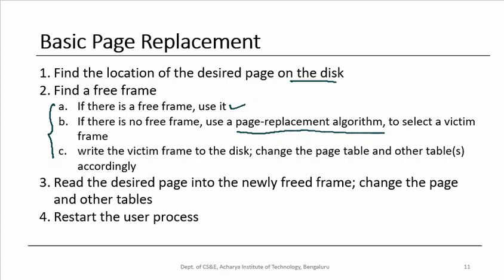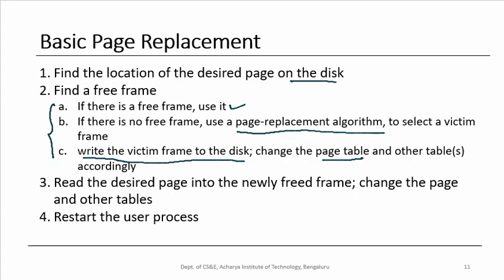Then write the victim frame to the disk so that that frame becomes free, and make the corresponding changes in the page table. That means you will have to make the valid invalid bit entry of this particular page as invalid because it is going out of the main memory.